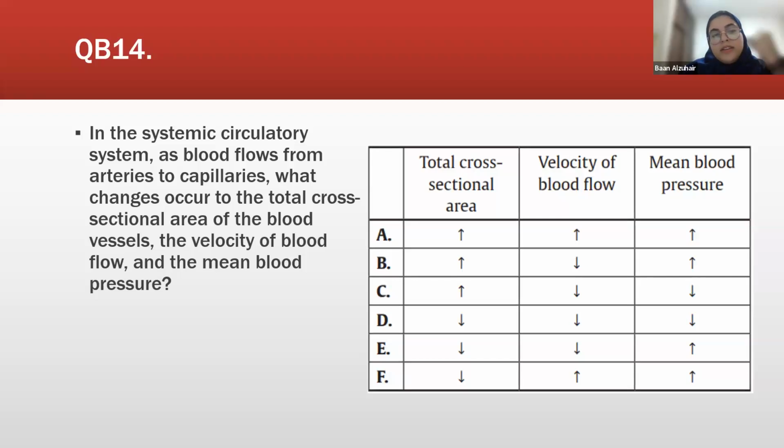As diameter decreases, velocity decreases as well. And mean blood pressure also decreases due to the decrease in blood flow. Not a lot of blood is going through each capillary, so the blood pressure would decrease.